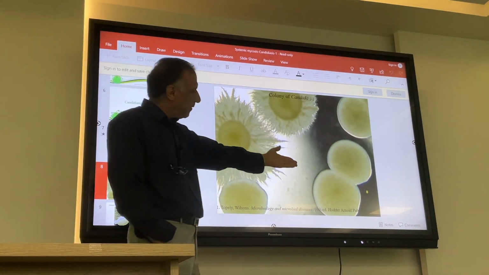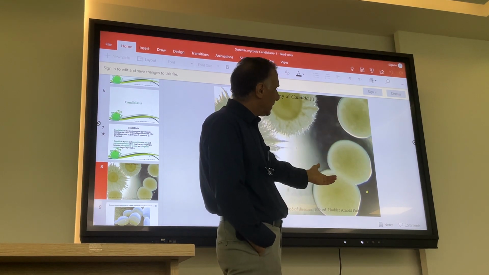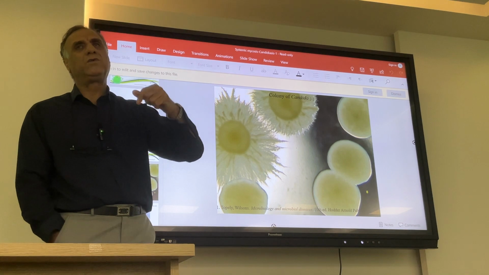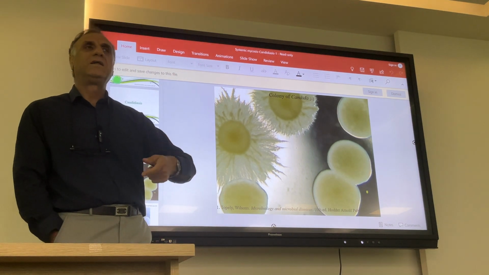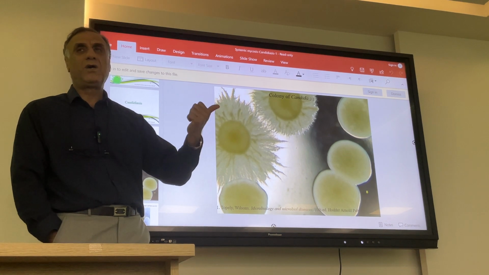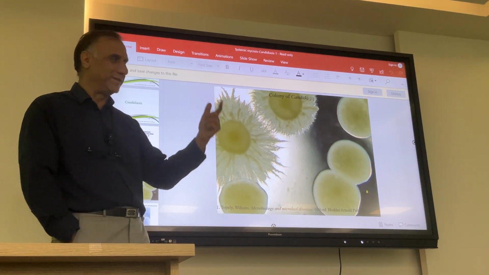It is a colony of Candida. Candida is a dimorphic fungus because it can produce pseudohyphae, or false hyphae.